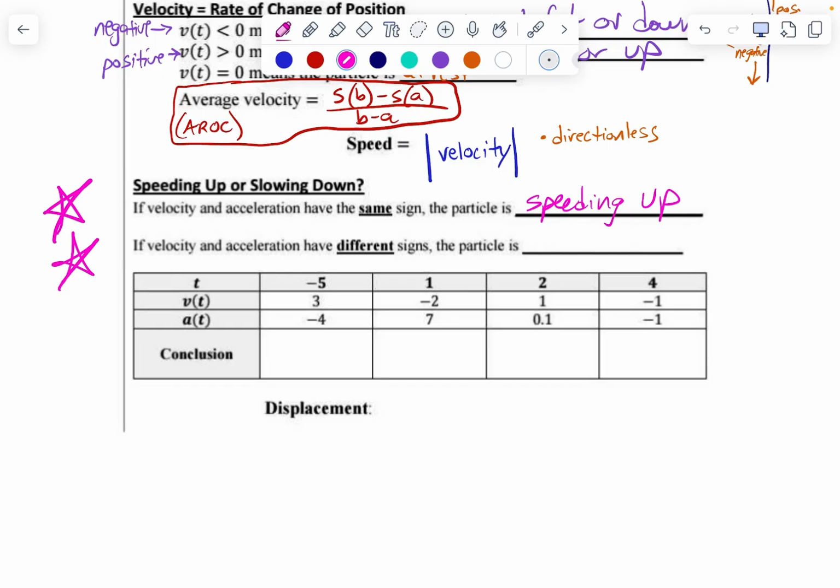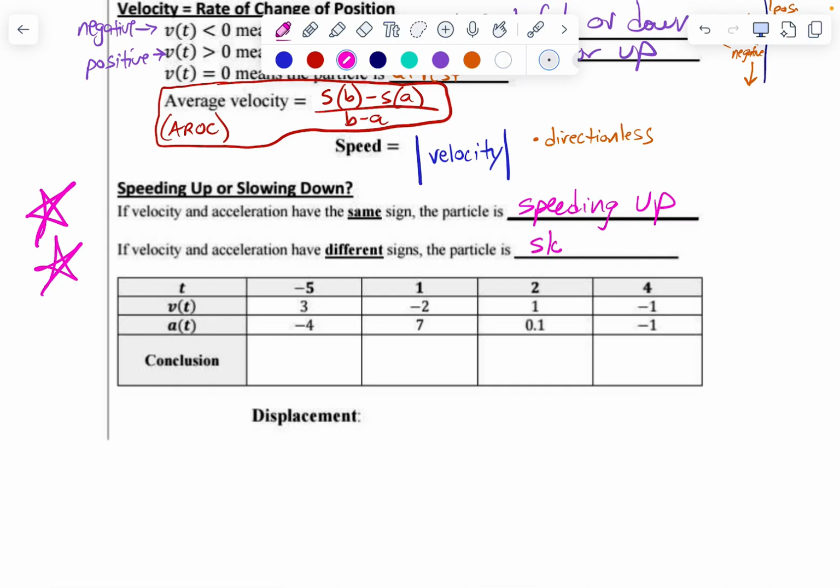Which would be west. What happens when you hit your brake? Which way are you accelerating? You're accelerating east, right? So what happens to your speed? It slows down. Okay, so when those are in opposition, you're slowing down. When they're helping each other, you could think of it as they're speeding up. So we know now we can say slowing down here.